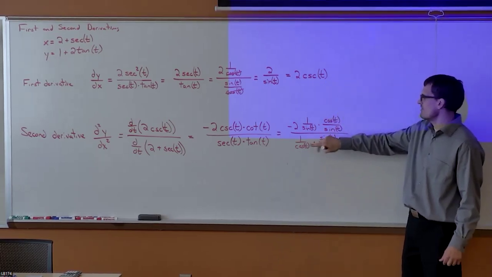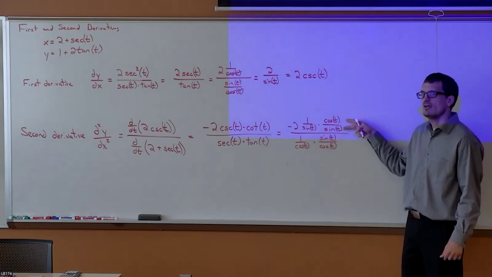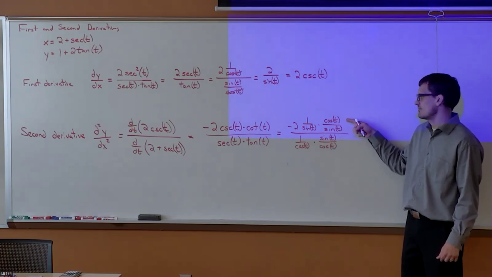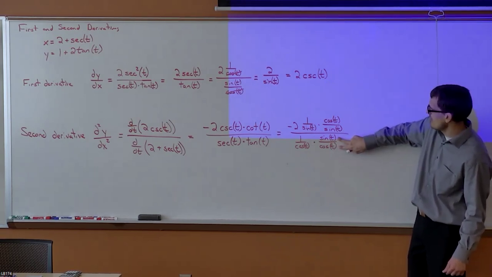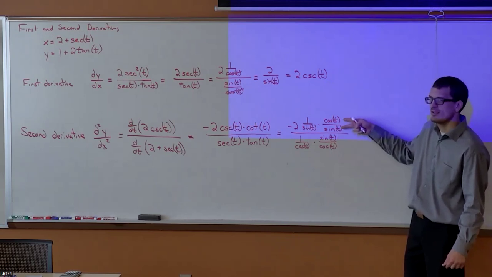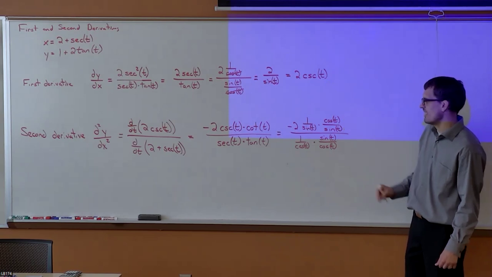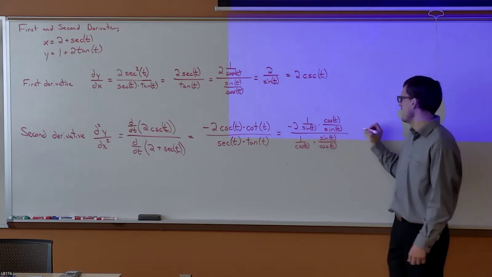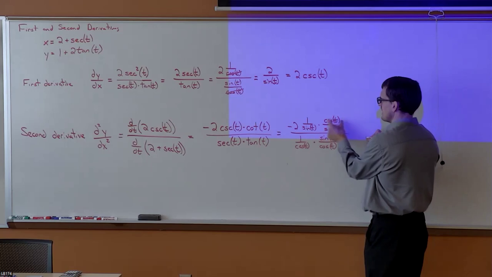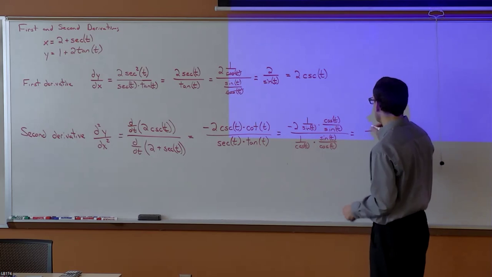In order to get rid of 1 over cosine in the denominator, I'm going to flip it and multiply times the numerator. Notice that'll just give me another copy of cosine on the top. If I flipped this one, sine over cosine, and I multiplied it, I'll get another copy of cosine in the top and another copy of sine in the bottom. So when I flip and multiply both of those things, these two copies of cosine also go in the numerator. And I just get one big fraction.